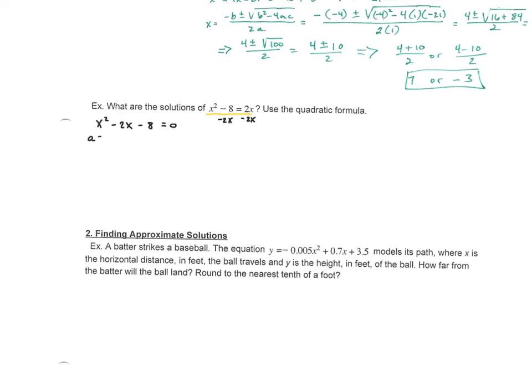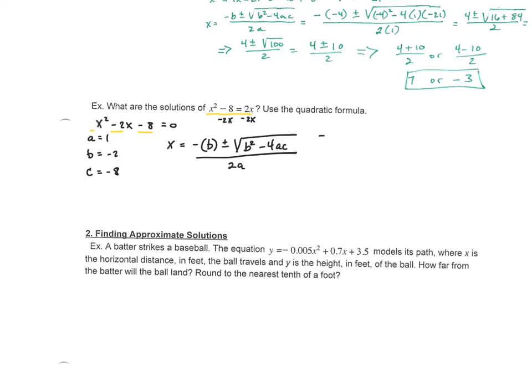I know that a is equal to 1, b is equal to negative 2, and c is equal to negative 8. Again, a, b, c. Now I'm going to substitute that into my equation. I have x equals negative b plus or minus the square root of b squared minus 4ac, all over 2a.